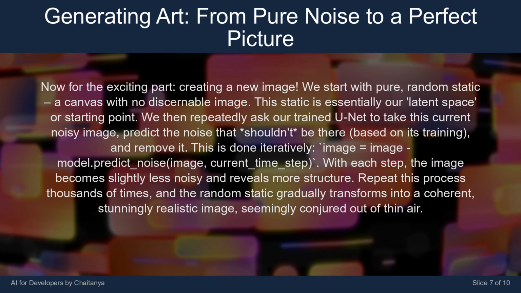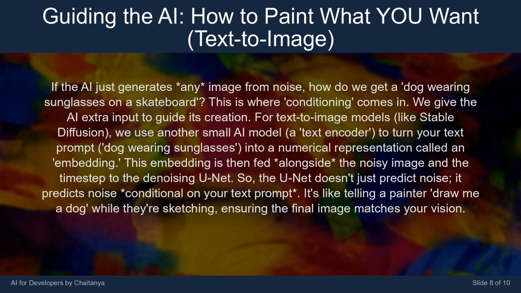If the AI just generates any image from noise, how do we get a dog wearing sunglasses on a skateboard? This is where conditioning comes in. We give the AI extra input to guide its creation. For text-to-image models, like Stable Diffusion, we use another small AI model, a text encoder, to turn your text prompt, "dog wearing sunglasses," into a numerical representation called an embedding.